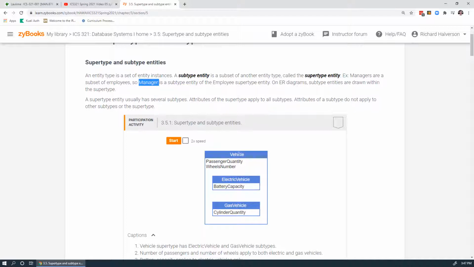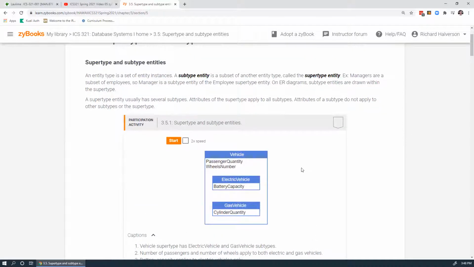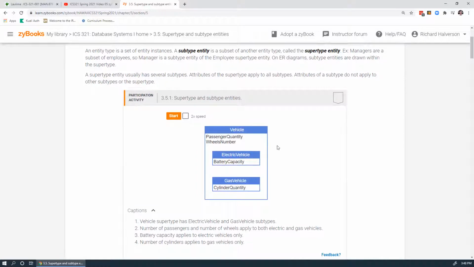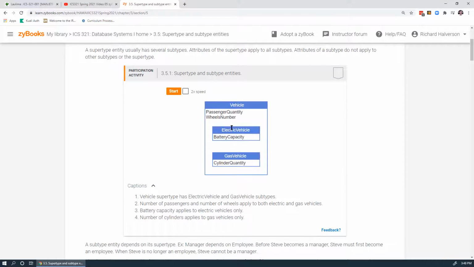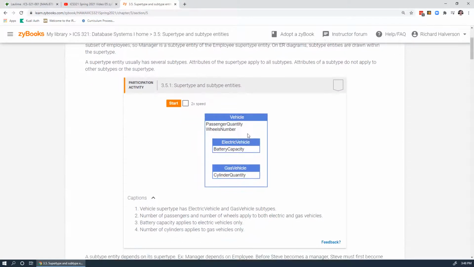And here we have a supertype, which is a vehicle, but we have different subtypes: electric vehicles and gasoline vehicles. There are certain attributes or properties that can belong to either the subtype or the supertype. If it belongs to the supertype, it also belongs to the subtype.